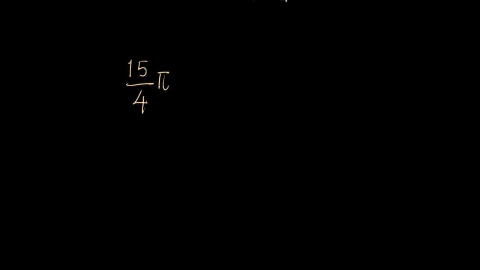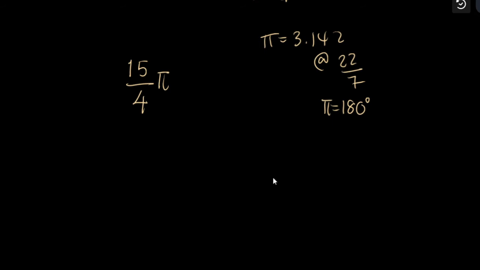First and foremost, pi means how much? You all know pi is 3.142, or some of you know it as 22 over 7, because in chapter 1 you all learned. But in this case, in angles, how much is pi? Pi is 180 degrees. This is in angle.